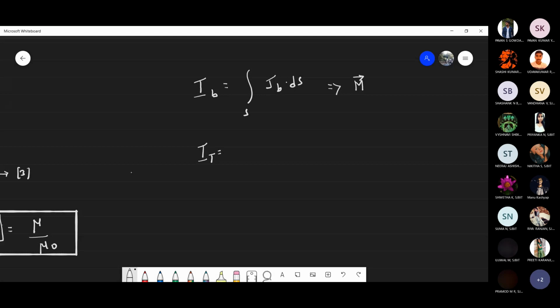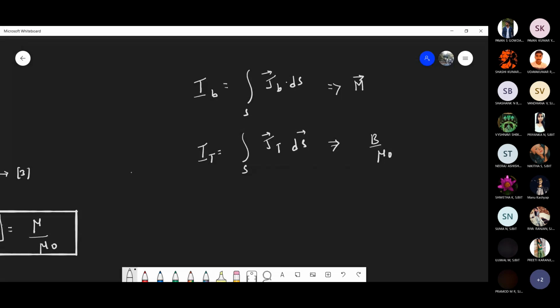Total current is equal to, again, surface integral of J_T, that is total current density, dS. Again, this is in terms of B over mu naught.